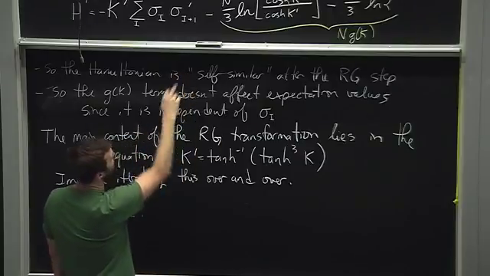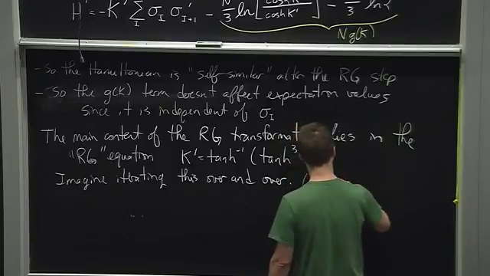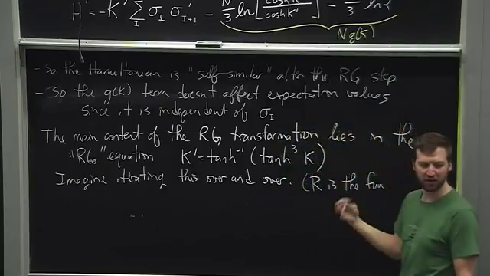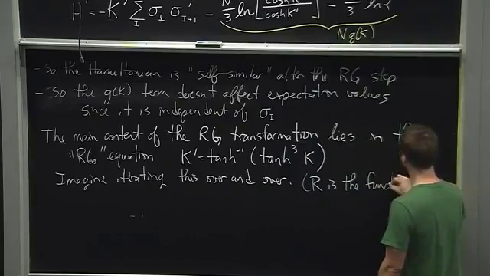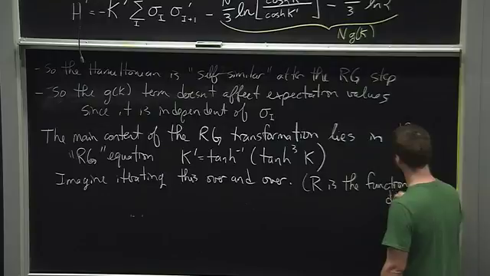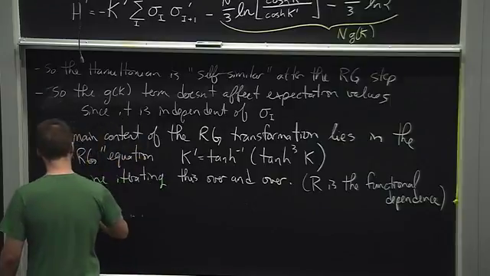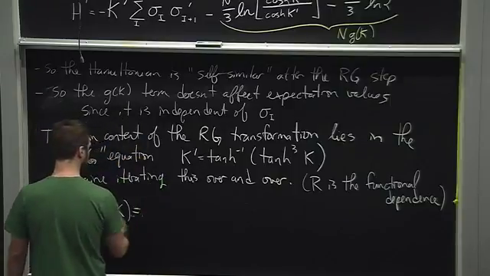If R is that functional dependence, which in most cases won't be as simple to solve as it was in this 1D case, and if K prime is equal to R of K, I guess you don't want to use a bunch of primes.